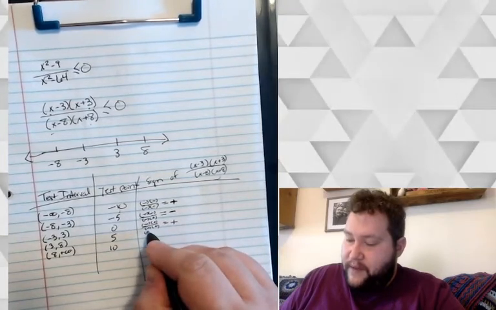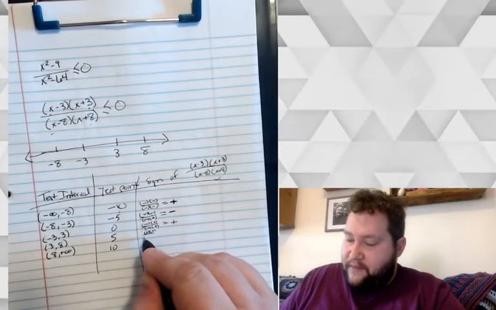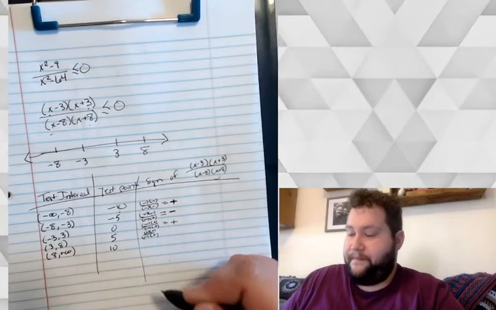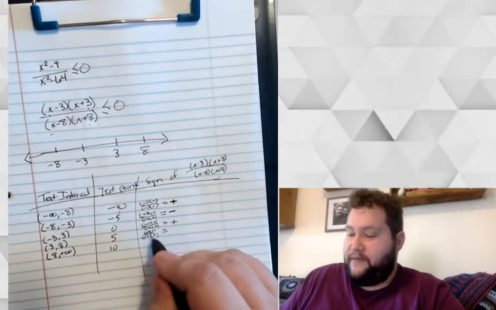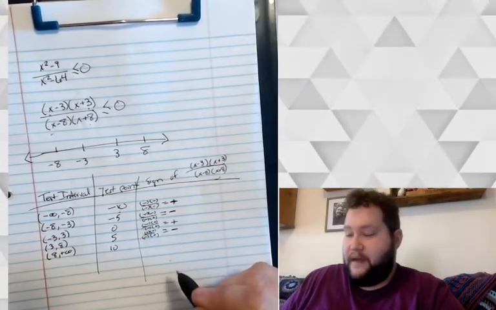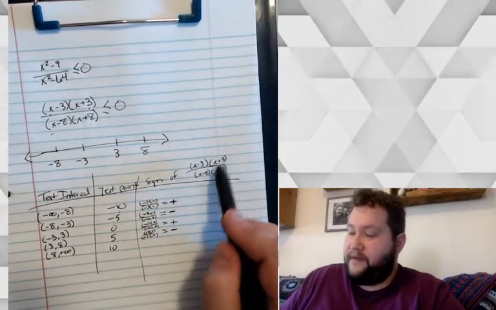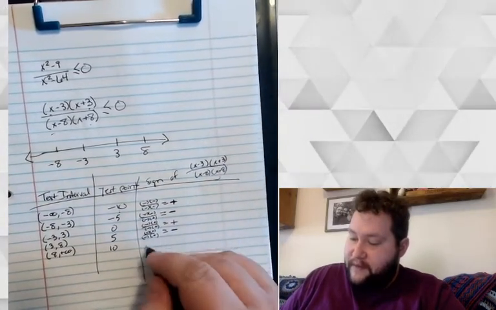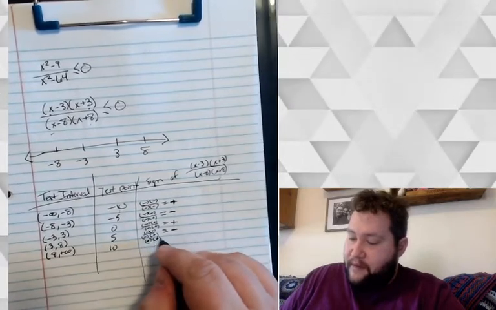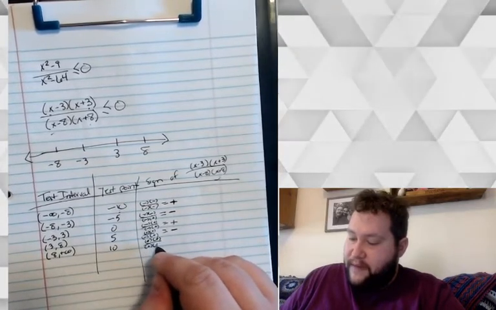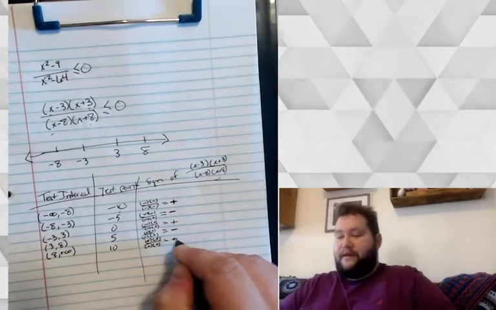A positive over a negative is negative. And then when x equals 10, we have positive, positive, positive, positive, which makes that whole thing positive.